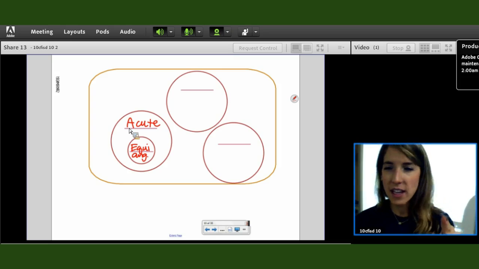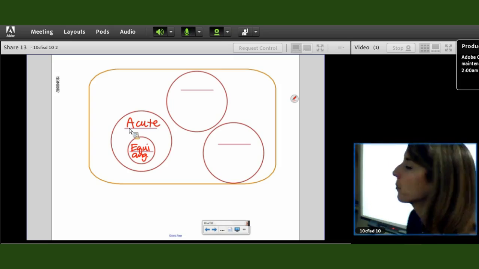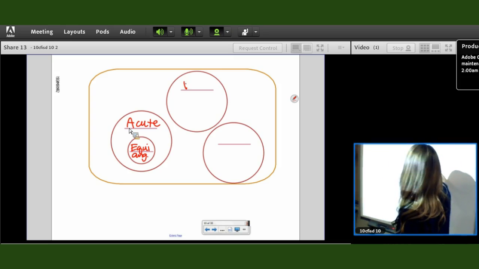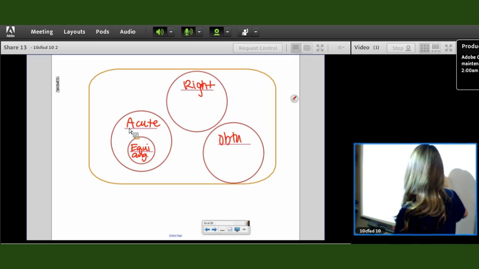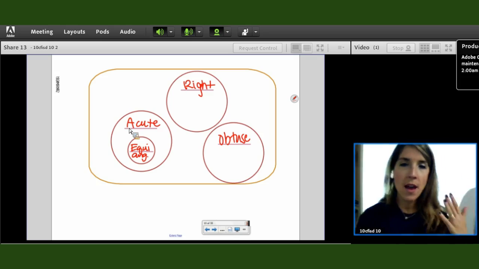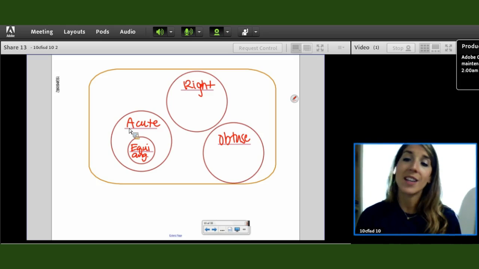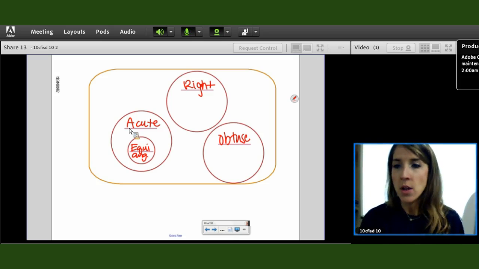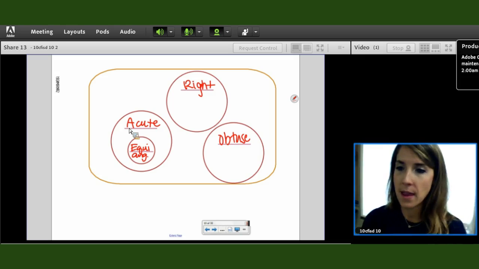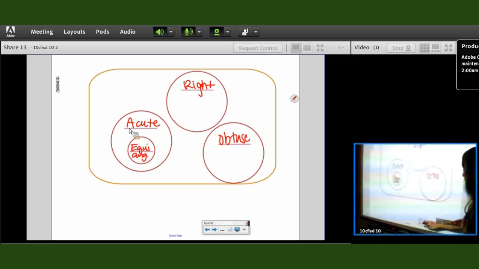But not every acute triangle is equiangular, right? And then we have right, and then we have obtuse. Notice there's no overlapping here. You can't be obtuse and right at the same time. You can't be acute and right at the same time. So notice the only overlapping ones are equiangular and acute.